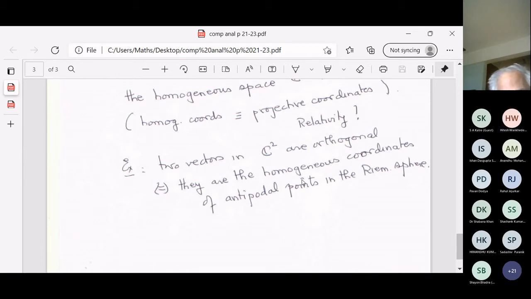If you open any book in physics and you're talking about a complex Hilbert space, then the inner product is always conjugate linear in the first variable and linear in the second variable.